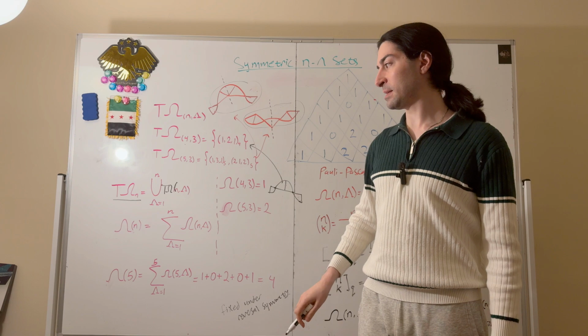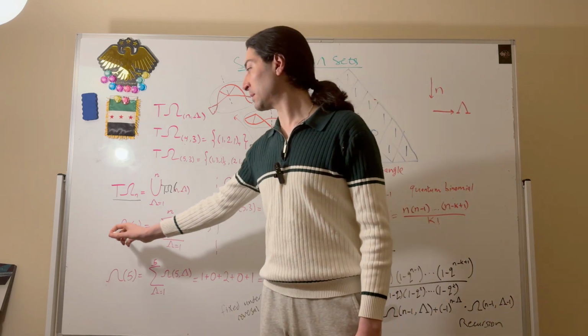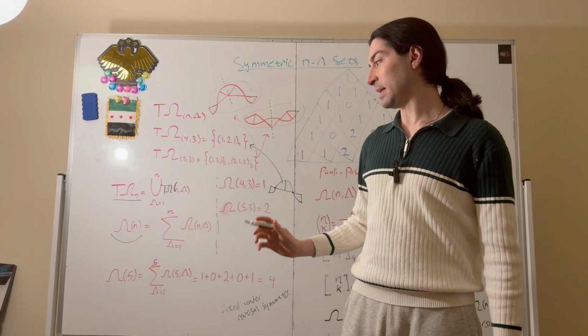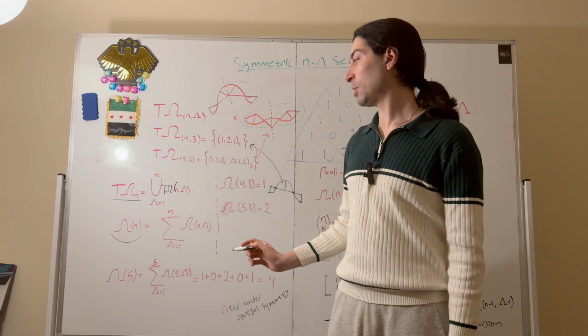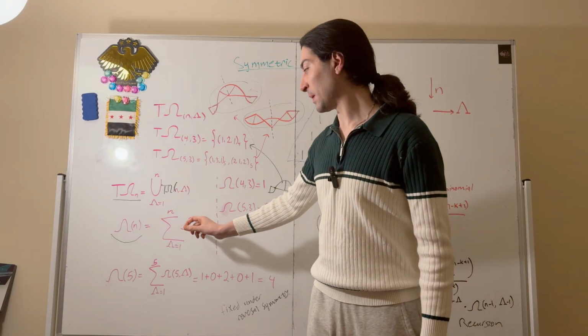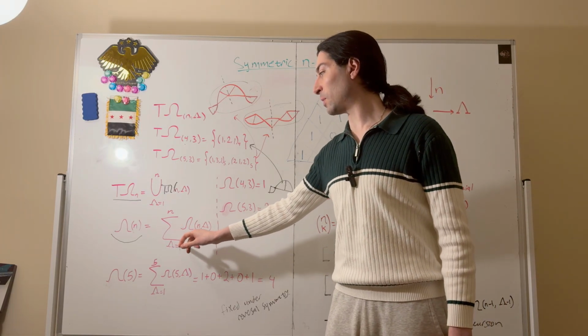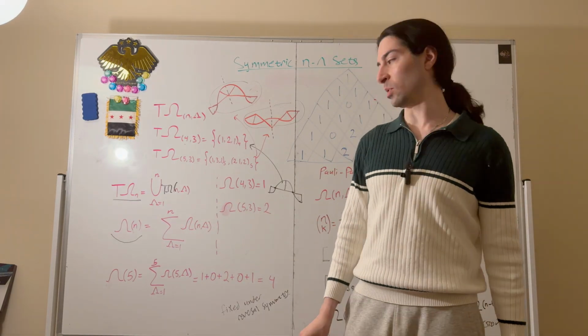Similarly, from this, we can say that omega of n is basically the sum of the omega n lambda, starting with lambda equal 1 to lambda equals n.